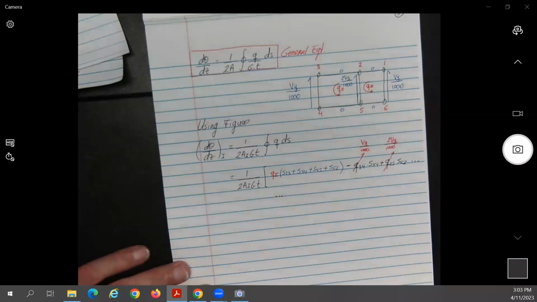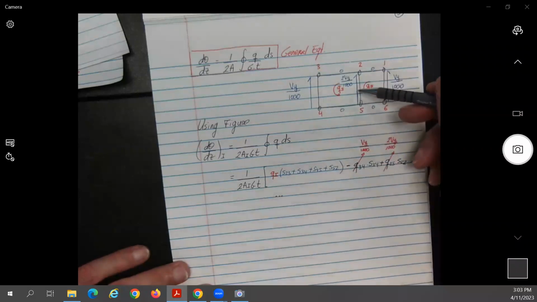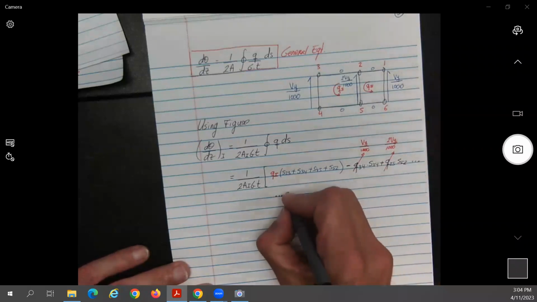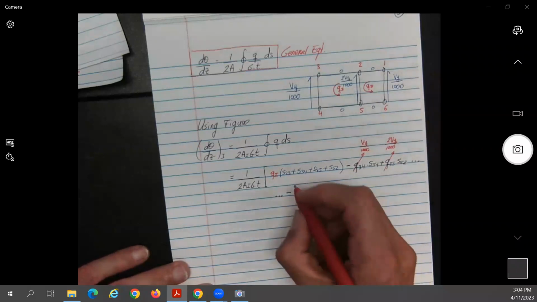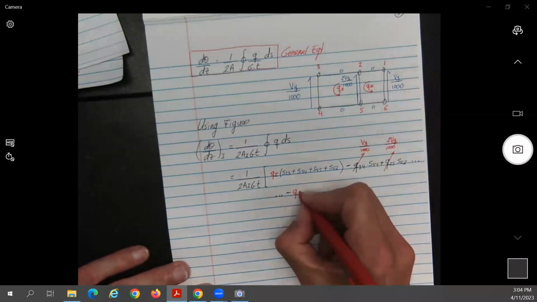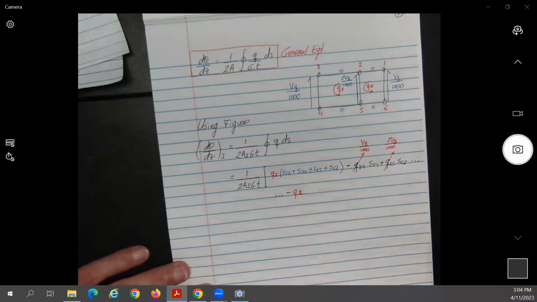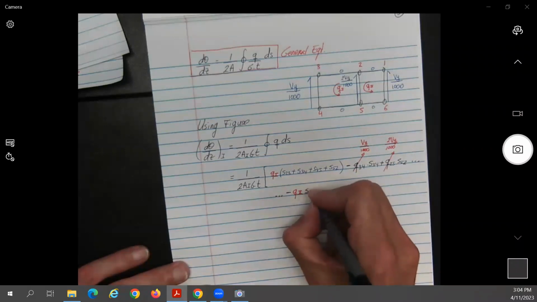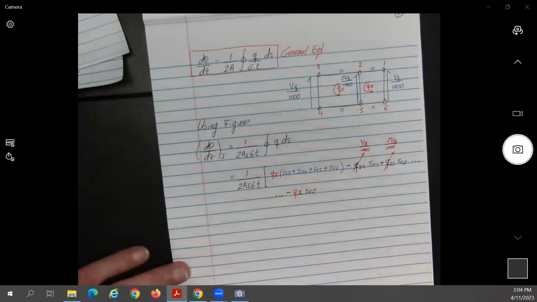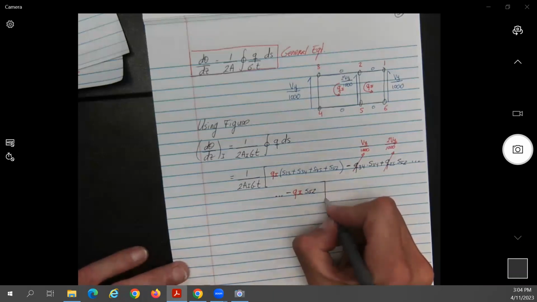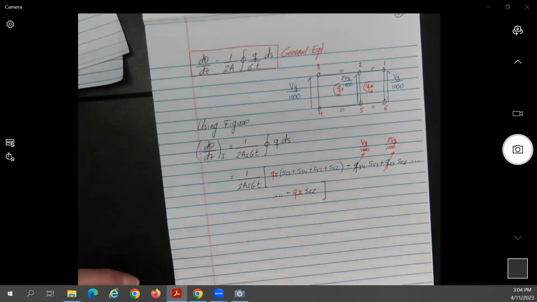I mean, this one is going in the opposite direction than Q25, no? Yeah, so it should be negative, minus. You have done this before, Q2 times what? S52. And you close the parentheses.